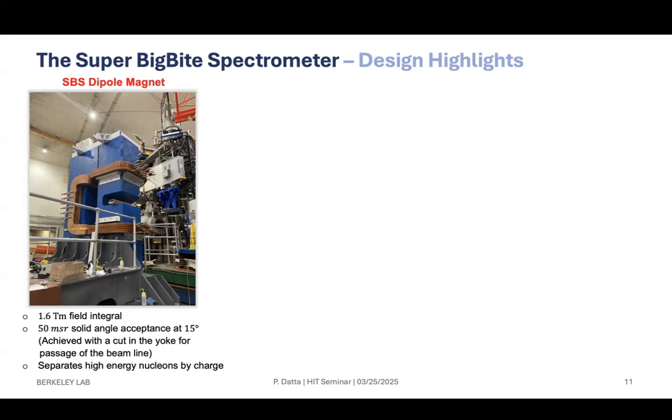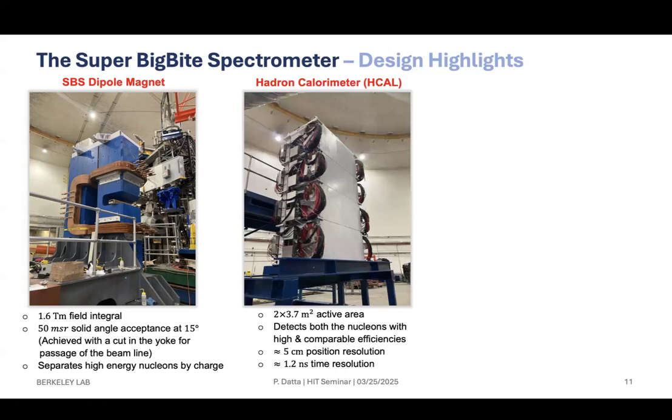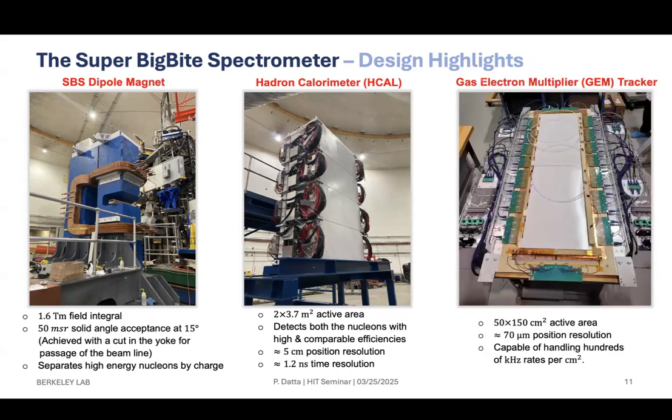Second in the list is the hadron calorimeter, or HCal, which has a very large active area and is highly segmented too. It can detect both nucleons with very high and comparable efficiencies and with excellent position and temporal resolutions. And last but not least are multiple layers of gas electron multiplier, or GEM-based trackers, each with a very large active area and the capability of giving very high resolution tracking in high rate conditions.